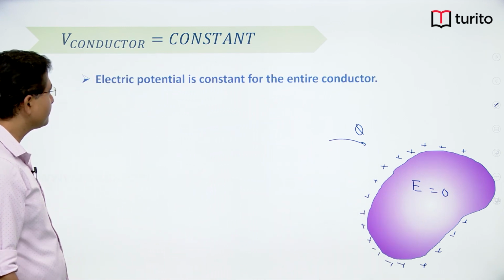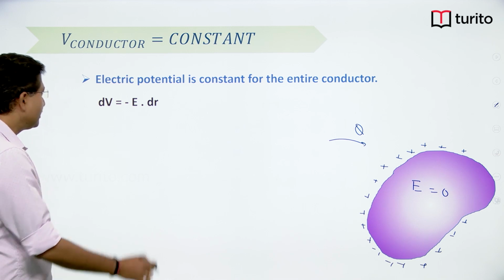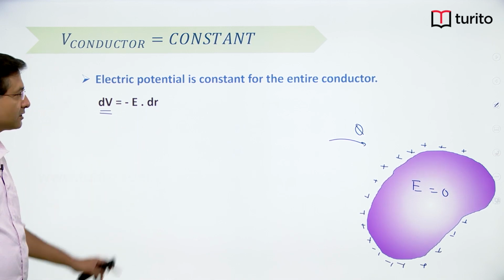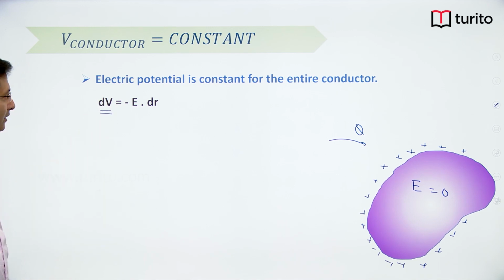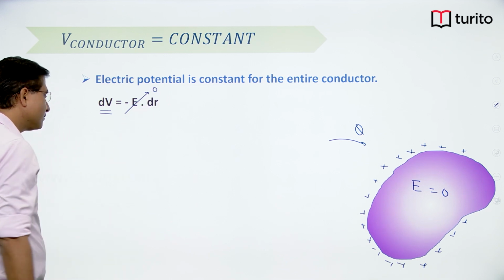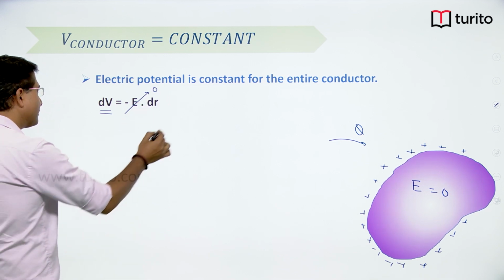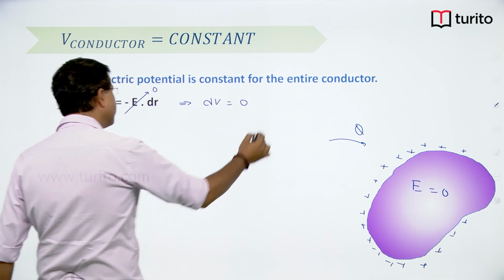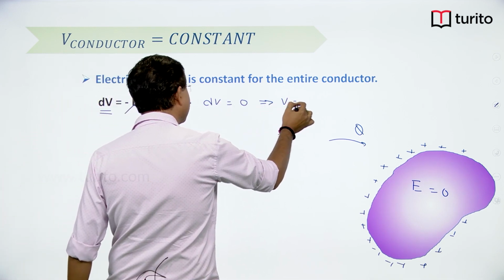Why? Because dV, the potential difference, is E dot dr with a minus sign. If this E itself becomes 0, then this dV will become 0, that means potential is constant.